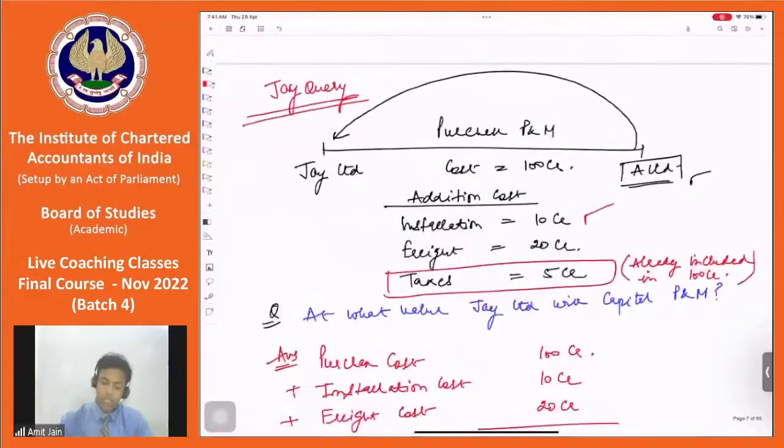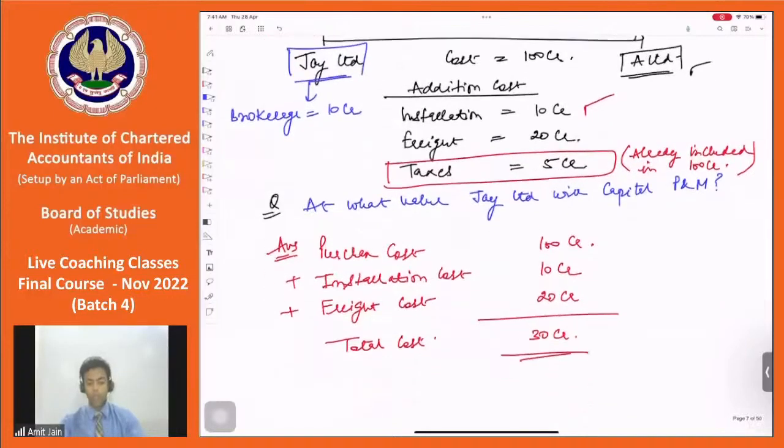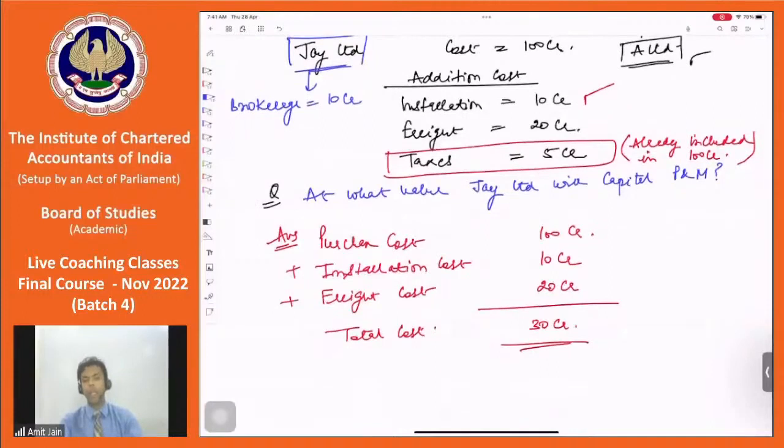Now, Jay, just tell me one more thing. I'm adding one more point here. If I paid brokerage of 10 crores, Jay Limited has paid brokerage of 10 crore rupees. What should I do? Should I charge this brokerage in the P&L, or should I capitalize this brokerage in the value of 130 crores?